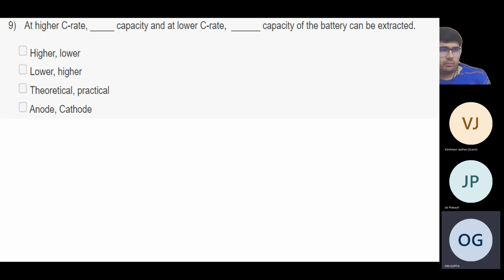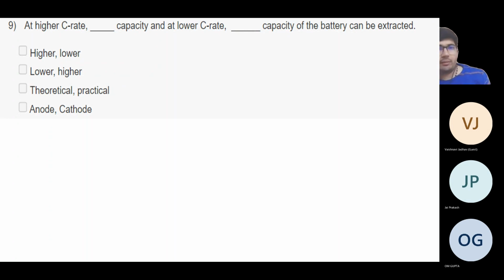The statement 'higher capacity of the battery can be extracted' means what? Suppose your battery can generate 100 ampere hour, and you have a C rate for that particular capacity.